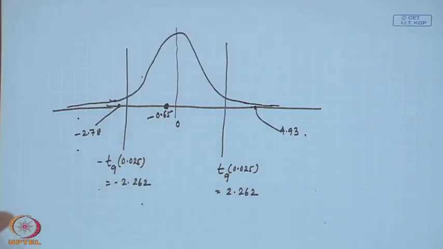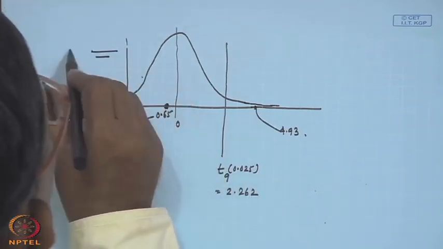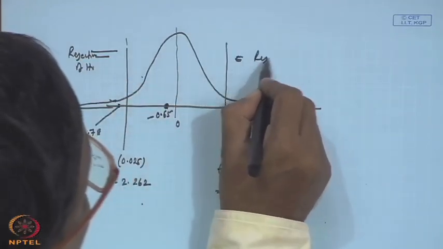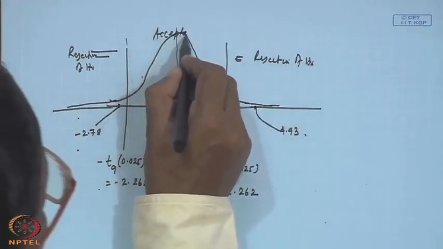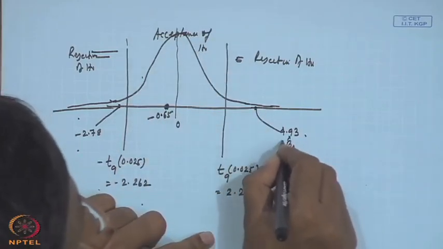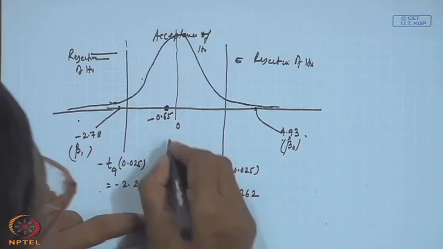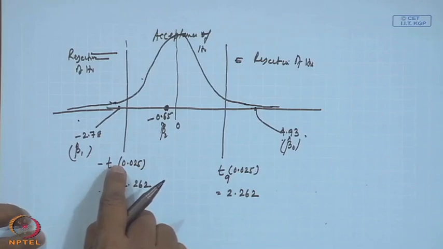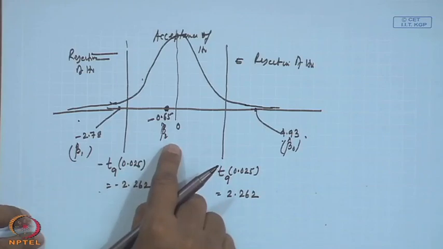So, you have seen this is your rejection zone, rejection of H0, rejection of H0, and acceptance in the middle. Now, this one is related to beta 0 cap, this is beta 1 cap, and this is beta 2 cap. Beta 0 rejected, beta 1 also rejected, only beta 2 is accepted.